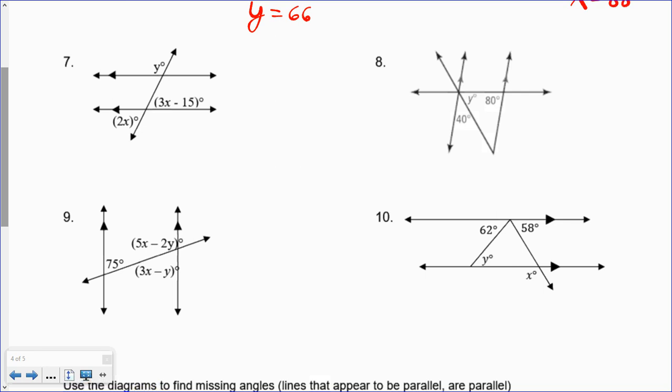Your name here. You have to draw a little. Negative x equals negative 50. I didn't even know why.